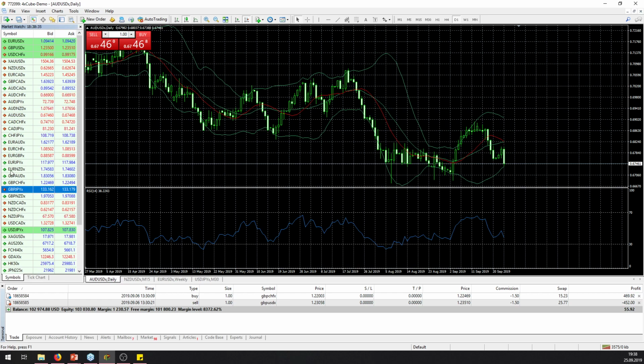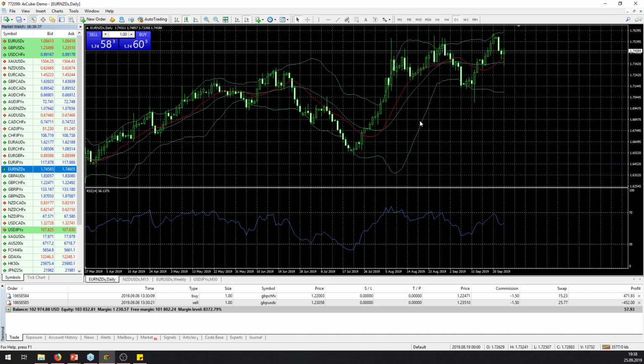Let's try Euro Kiwi again. I think we've spotted one. It's quite obvious, actually, very obvious. Great, so here's what appears to be a morning star formation.